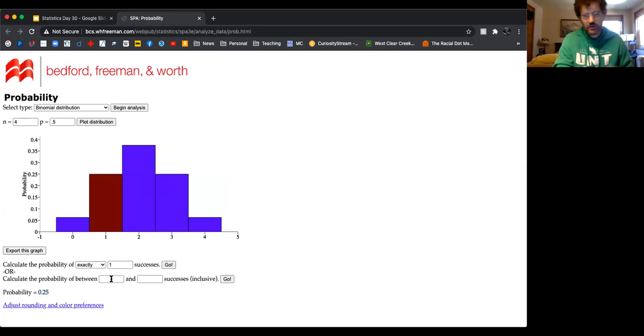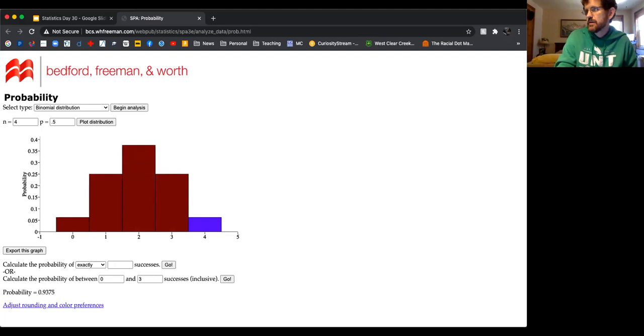Now, maybe for whatever reason in your scenario, you want to know getting anywhere from 0 to 3 successes, so anything except all 4 tails or heads or whatever success is. Now you can see it's a 0.9375 probability. We're going to do calculations like this, but not using this applet.